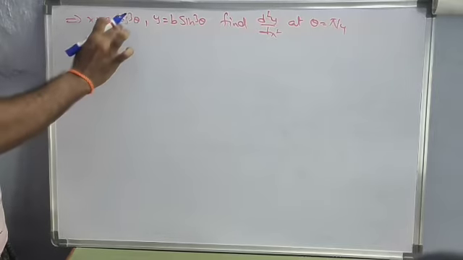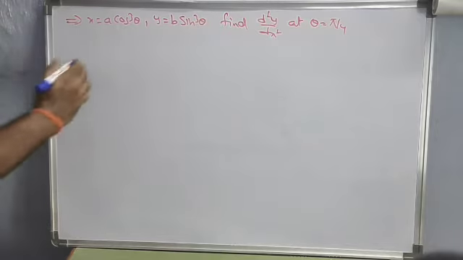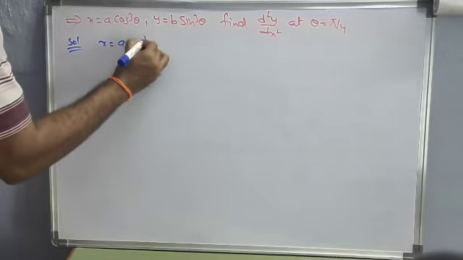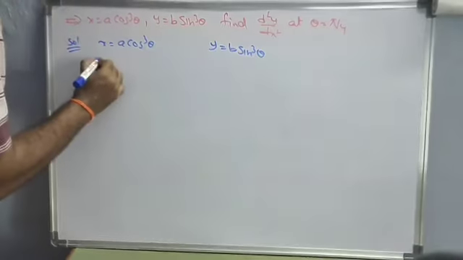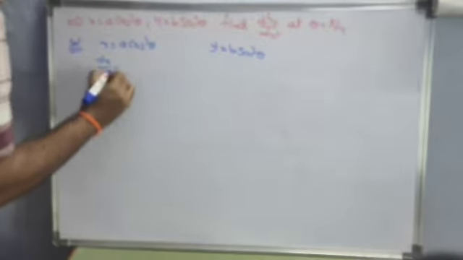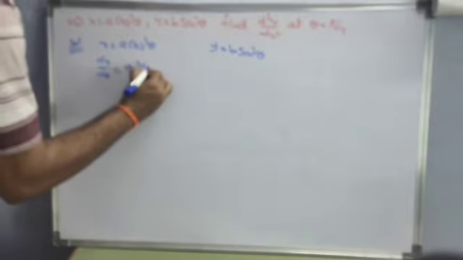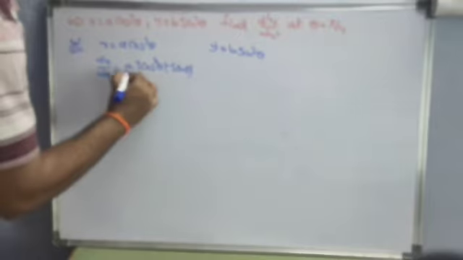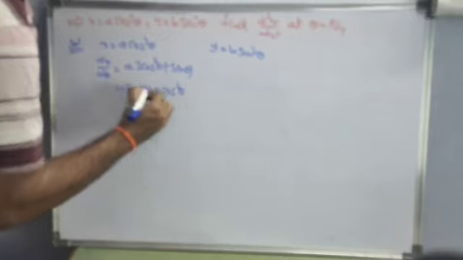If you observe that x, y both are theta functions, that means they are in the parametric forms. In the solution, I am taking x equal to a cos cube theta, y equal to b sin cube theta. So dx by d theta equal to a into 3 cos square theta into cos theta differentiation is minus sin theta, so minus 3a sin theta into cos square theta.